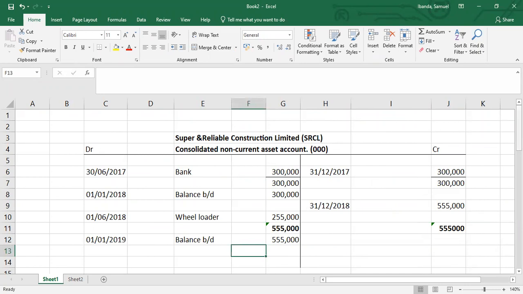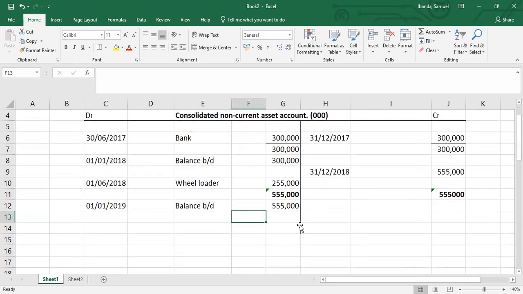So one of the things that I'm going to do, since this wheel loader was subsequently written off, and it actually got damaged, is I'm going to first transfer this to the disposal account. I'm going to write it off from the asset account because that is what exactly they did.